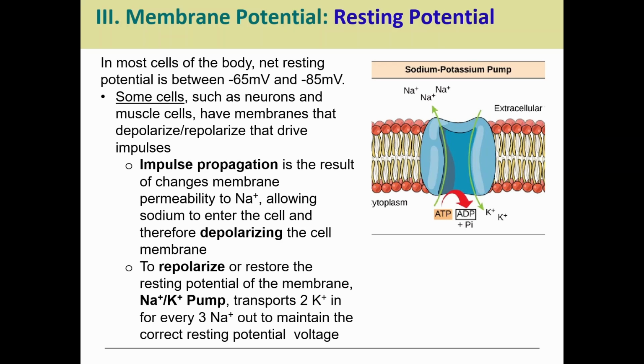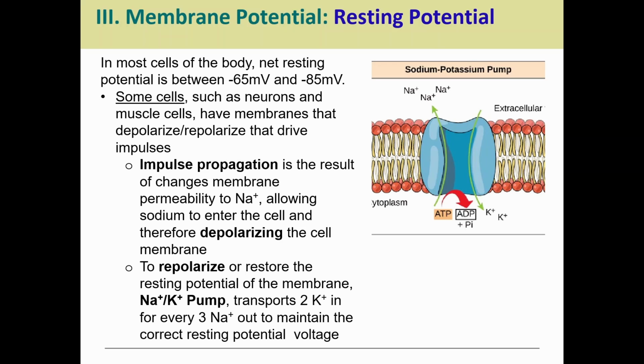We do go back, and that's where we go through a process called repolarization, which is basically to get us back to our resting potential, back to our starting point. And so this is where we are going to pump that sodium out and pump potassium back in. Remember, it's a 3-2 ratio, so 3 sodiums pushed out, 2 potassiums back in.